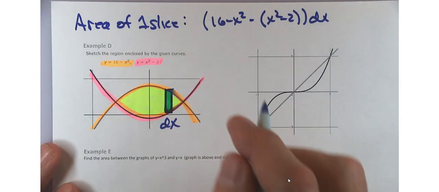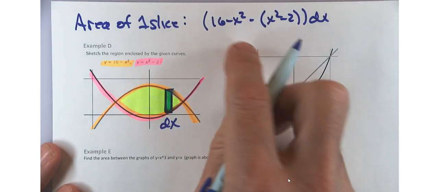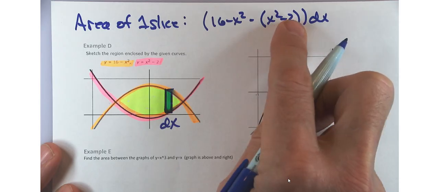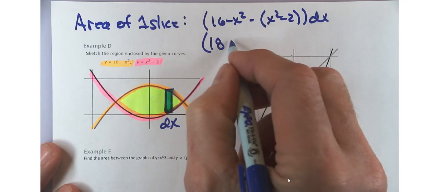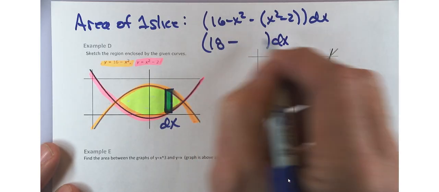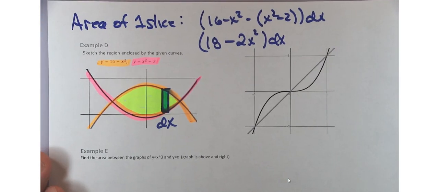How does that simplify? Well, let's see, if you distribute the negative, that's going to become a positive 2. Positive 2 and 16 gives me 18. 18 minus what? Thank you, 2x squared. So that's the area of one slice.